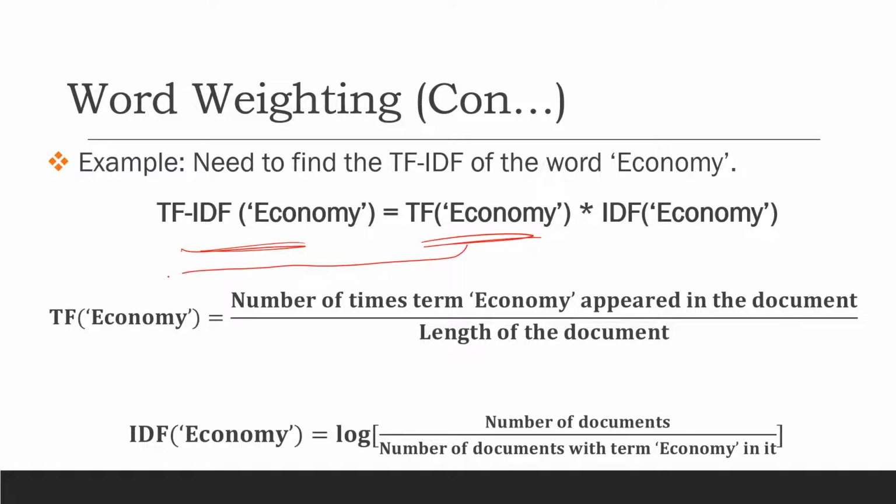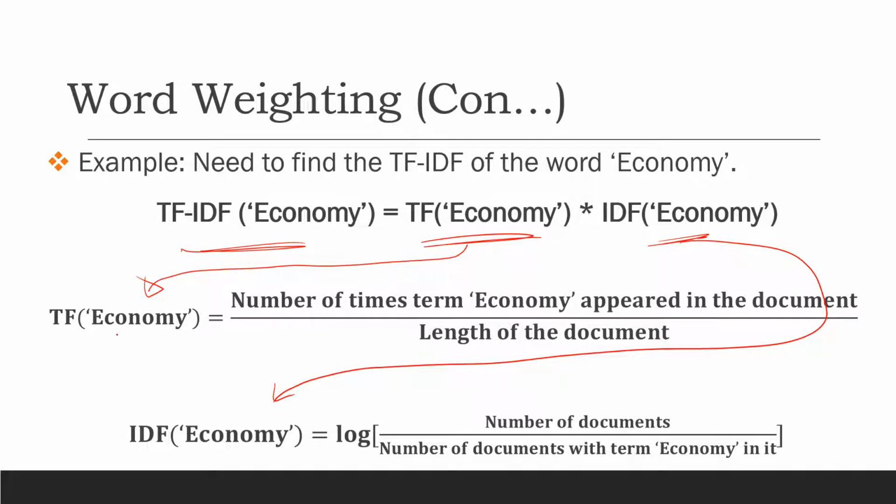Similarly, you multiply the term frequency of economy by the inverse document frequency, so you need to find the IDF of economy. To calculate the IDF of economy, you can use this equation. By using these 2 equations, you can find the TF-IDF value of economy.